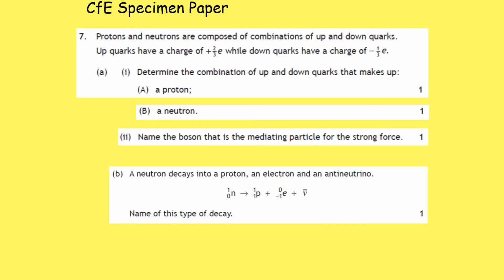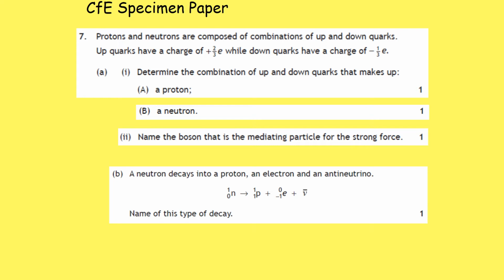More past paper. Okay, so this is a CFE specimen paper, the first one that was released. Question 7. Protons and neutrons are composed of combinations of up and down quarks. Up quarks have a charge of +2/3, whilst down quarks have a charge of -1/3. Determine the combination of up and down quarks which make these up. Now you should actually know this, but we can figure it out.